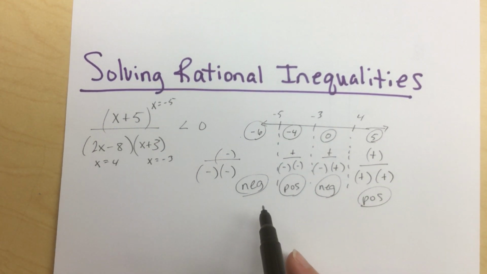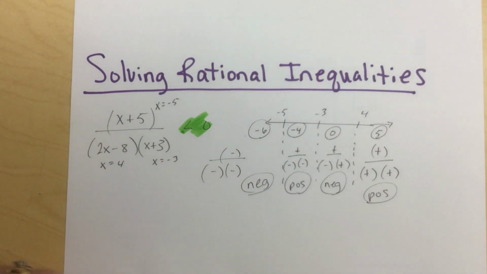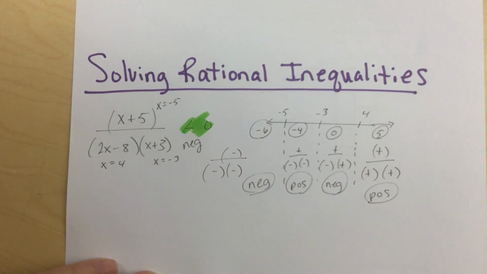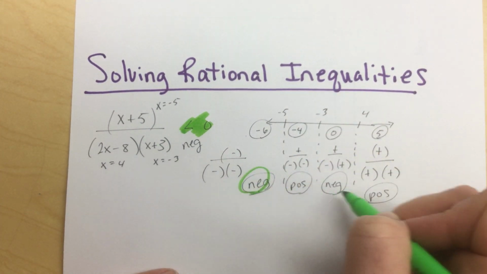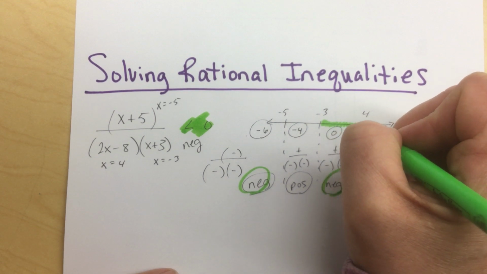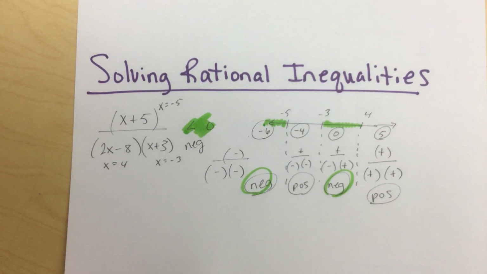Okay. We got to decide what our answer is. Well, we want the stuff that is less than 0. Well, less than 0 means negative. I'm looking for negative things. So over here on my number line, that's this section and this section. So all of the numbers between -3 and 4, and all of the numbers less than -5.